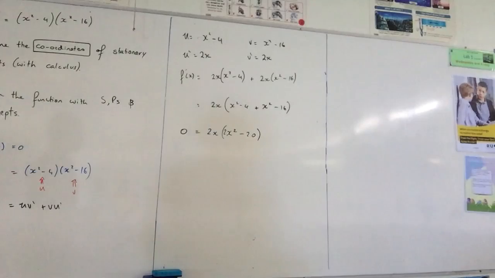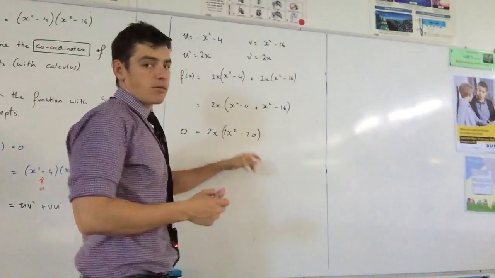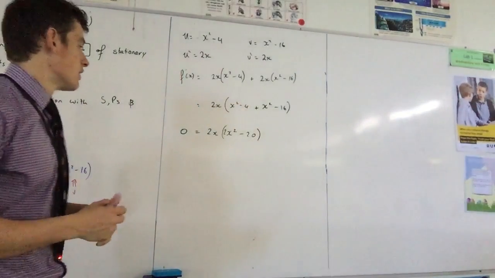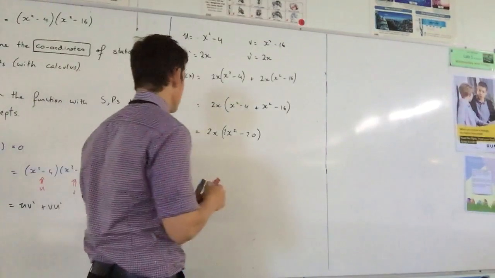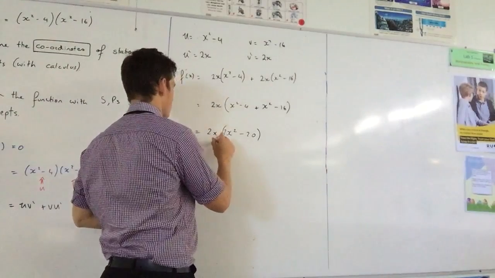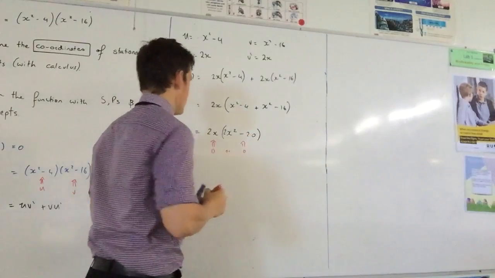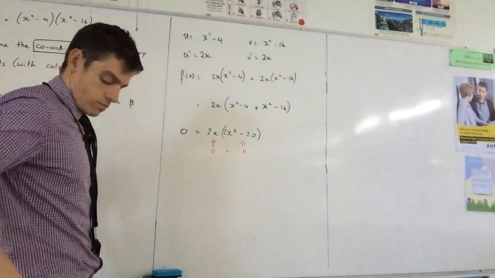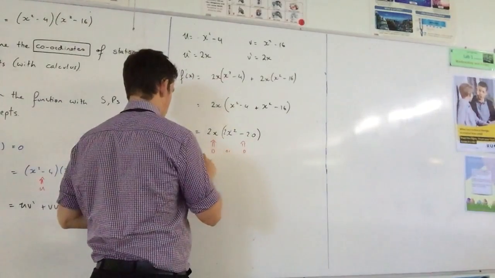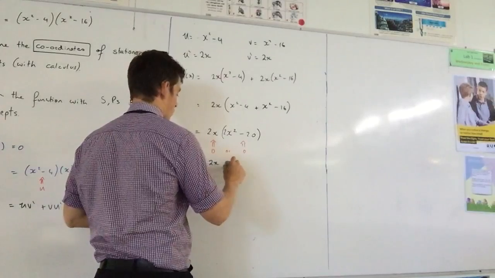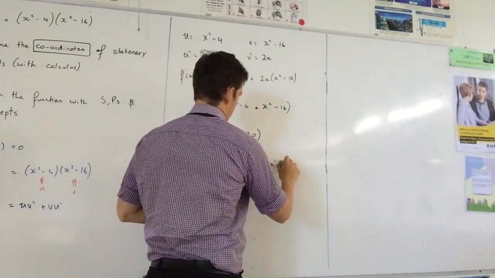I could take the 2 out, so I want to find the x value and that equals 0. I could factorise that a little bit more, but I don't see the value in that. I need to find out when that equals 0, and that only occurs when this thing here equals 0 or this thing here equals 0. So either 0 equals 2x or 0 equals 2x squared minus 20.